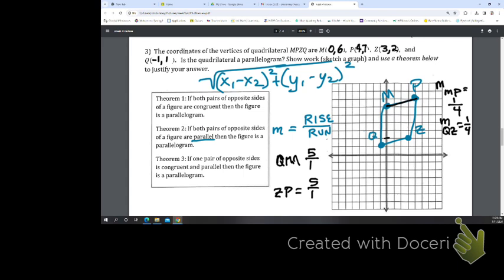If you really think you want to do distance formula and you're not confident with how to use that, then I would probably use the slope and just count the rise over the run. You're not looking for all four of them to be the same, of course, just the opposite pairs of sides.